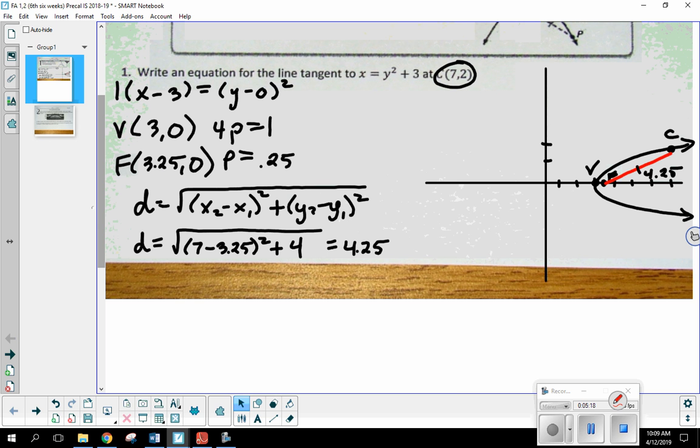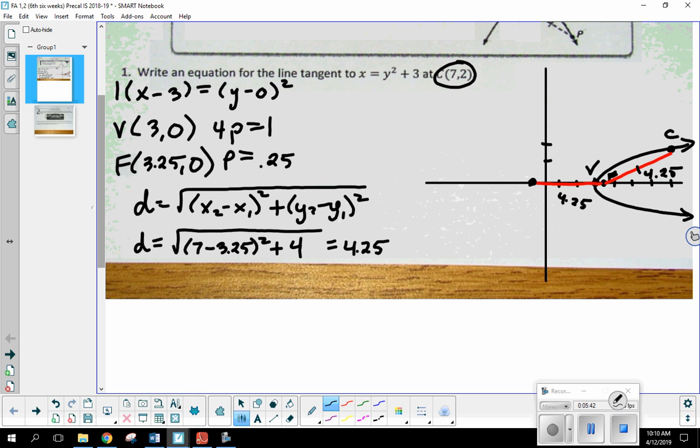So what the information at the top is telling me is, if I now travel 4.25 units along the axis of symmetry, so this is 4.25 as well, where I stop is going to be a point on the tangent line that I want. So we're moving from the focal point, but this time we're going left.